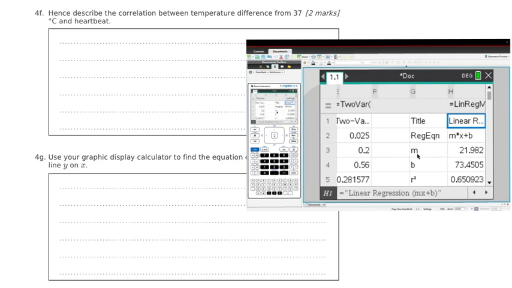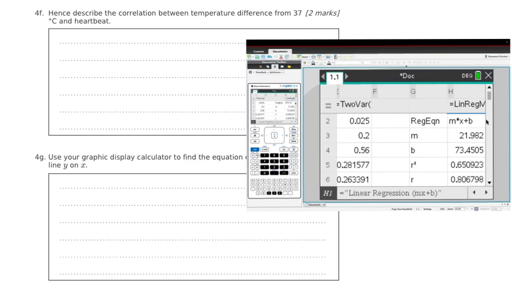The gradient of our line is 21.982, which we will round to 3 significant figures. Our y-intercept is 73.5 to 3 significant figures. And again, we've got our R value, which is 0.807 to 3 significant figures.